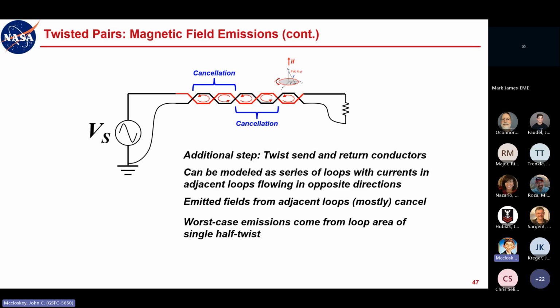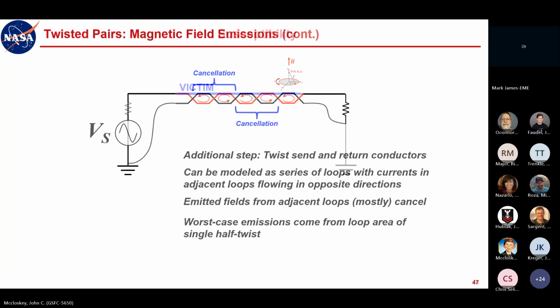But if the net field is from a single half twist, that's a much lower loop area than if you didn't twist the conductors at all. That's precisely why you twist. The first thing is just to reduce the loop area, and that helps quite a bit. And then when you twist them, that gives you additional cancellation and reduces the net emitted field to something much smaller than you would have otherwise.